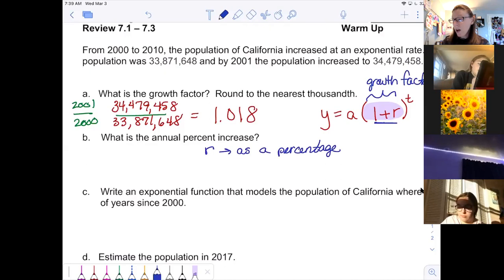So my entire quantity inside is 1.018, but that represents 1 plus R because that's my growth factor. So my R value is 1.018. I'm sorry, I can subtract the 1. How about 0.018?